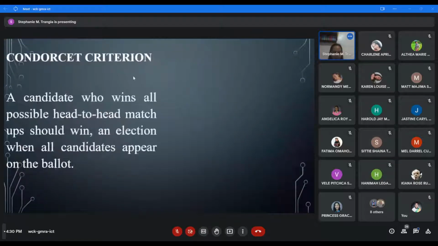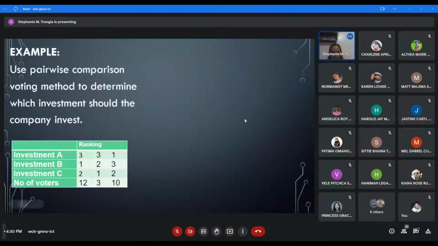So using same gihapon nga example, by the way, before we proceed, according to the Condorcet criterion, a candidate who wins all possible head-to-head match-ups should win an election when all candidates appear on the ballot.